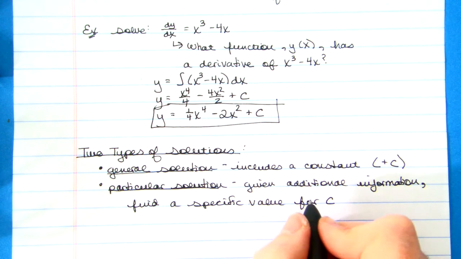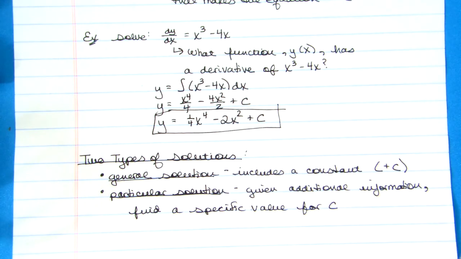So when we're done, we might not have a plus c anymore. We might have a plus 5 or a plus square root of 2 or some actual number in there. Please copy those down, then I'll show you some examples.